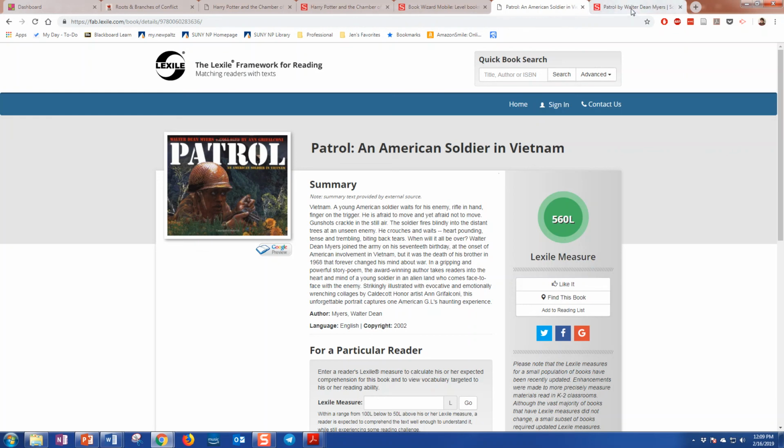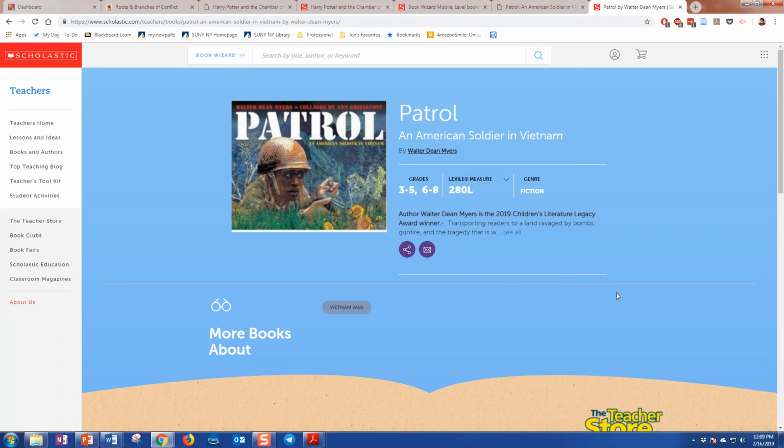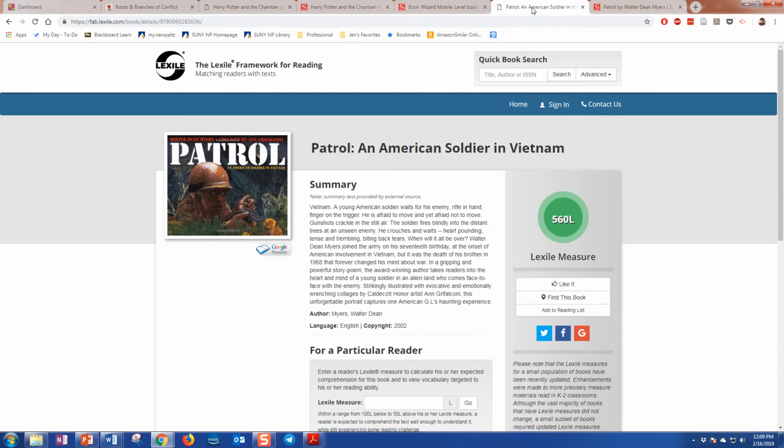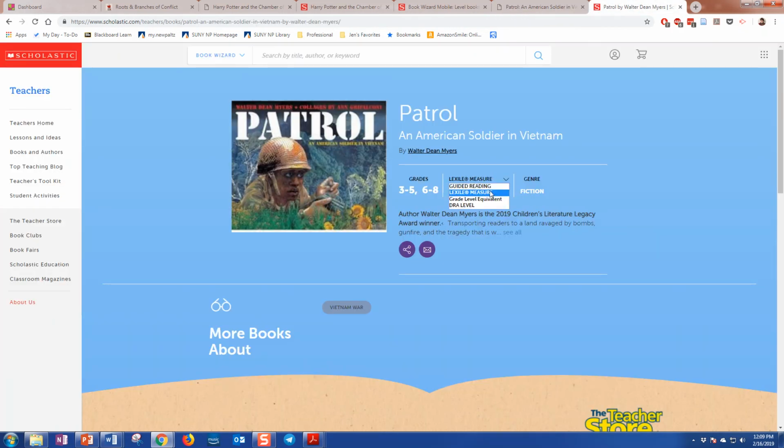I don't understand what's happening there, but the inconsistency makes me a little anxious about Scholastic Book Wizard. So when you really need to know the Lexile level, go to the Lexile's actual website, okay? And then they also have, do they have grade level equivalent? No, they didn't for that one. And they do have DRA level, okay?